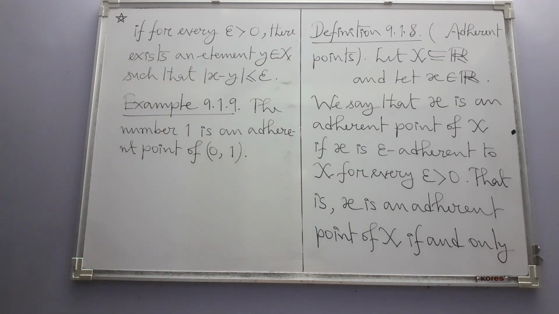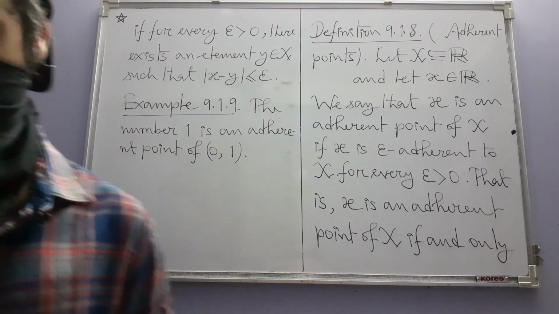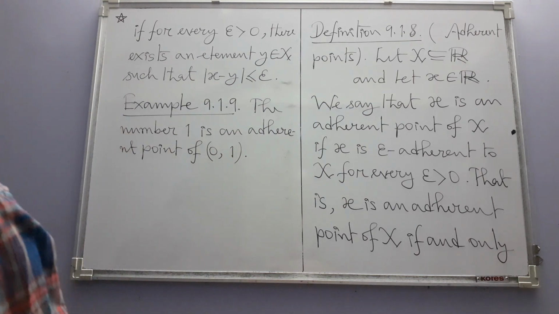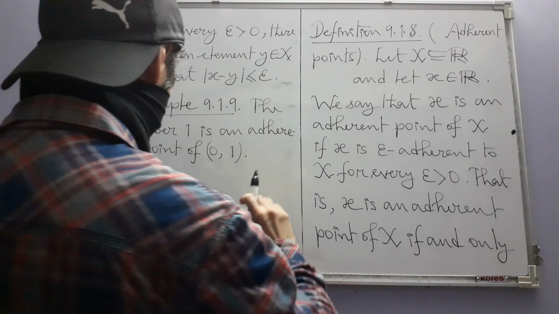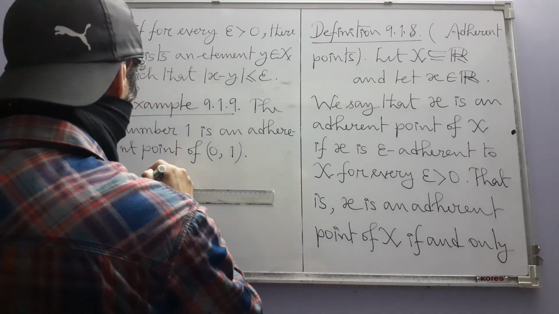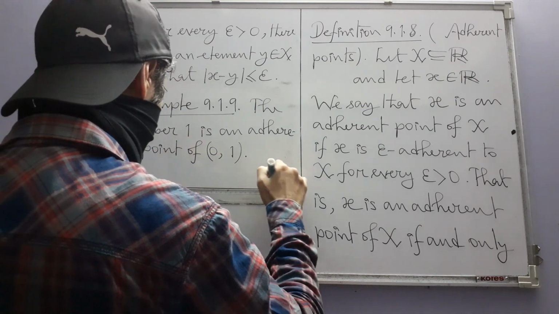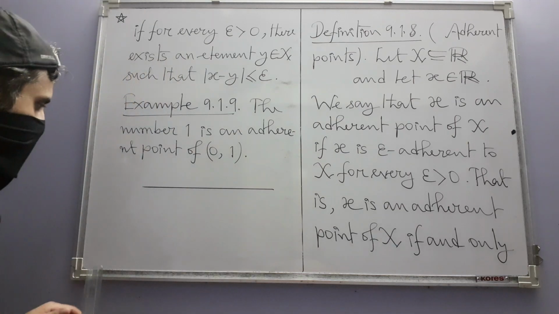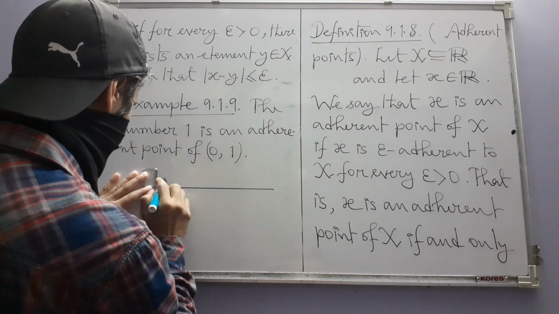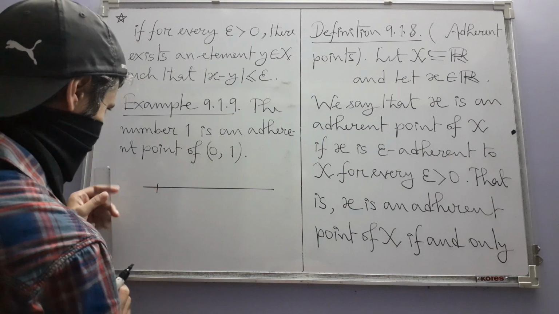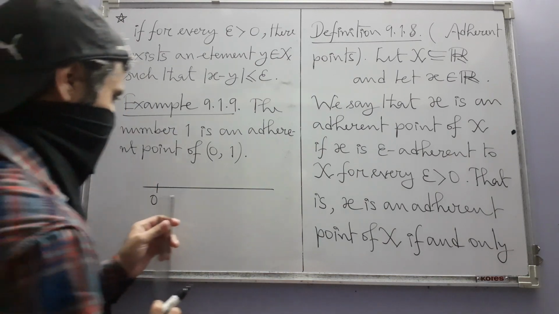Instead of doing algebra, let's see what this means geometrically. You just imagine the number line, and to show things clearly, let's mark out 0 and 1 fairly far apart.